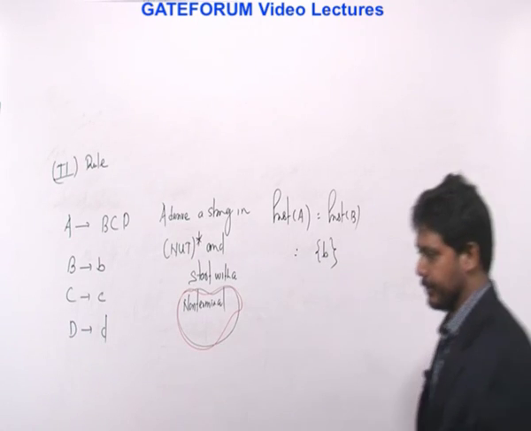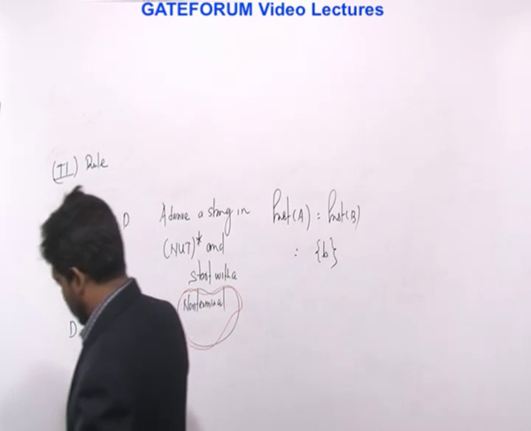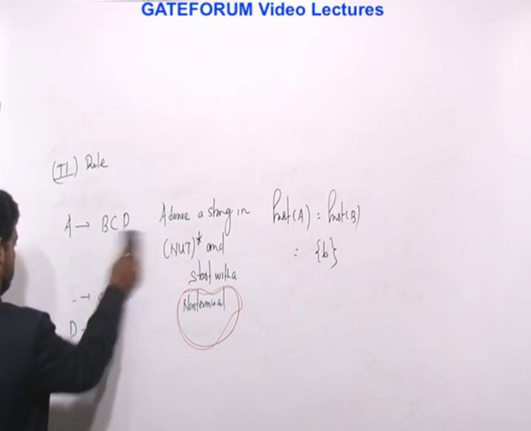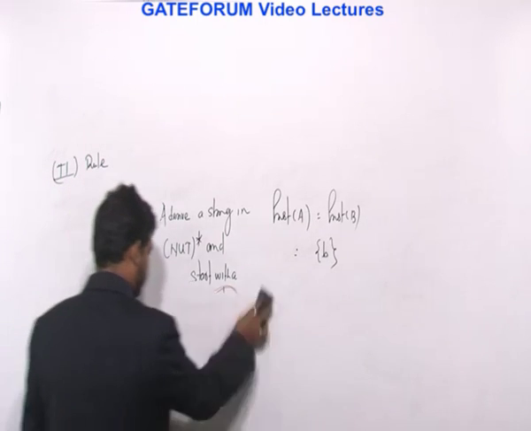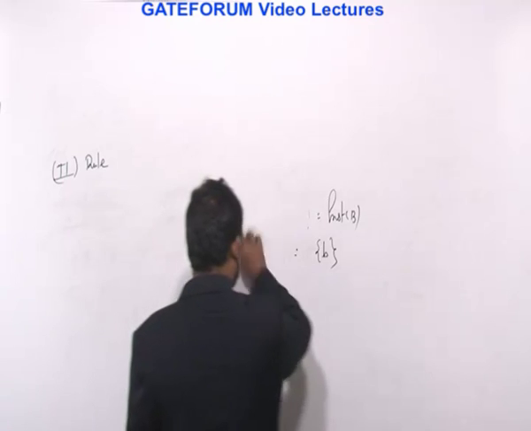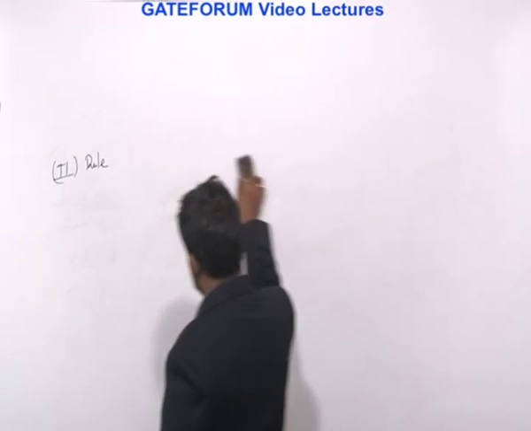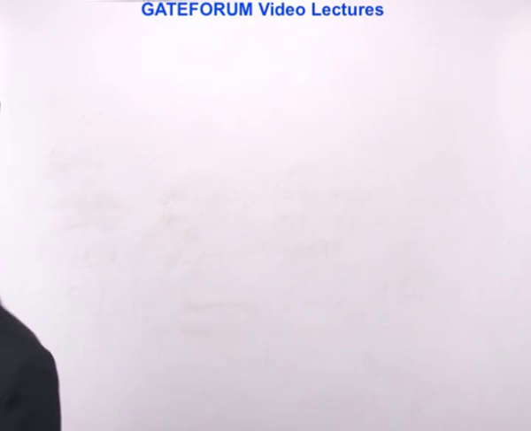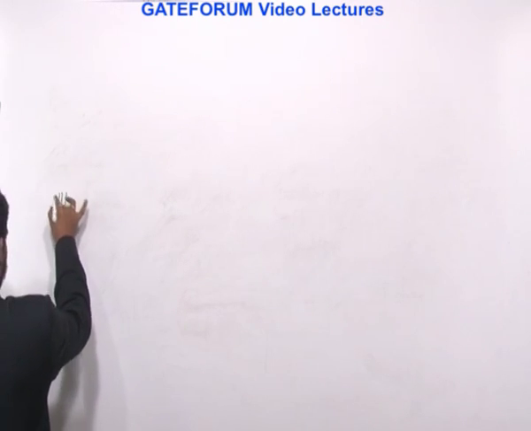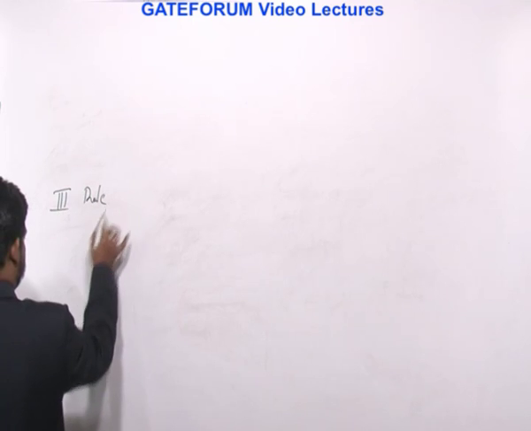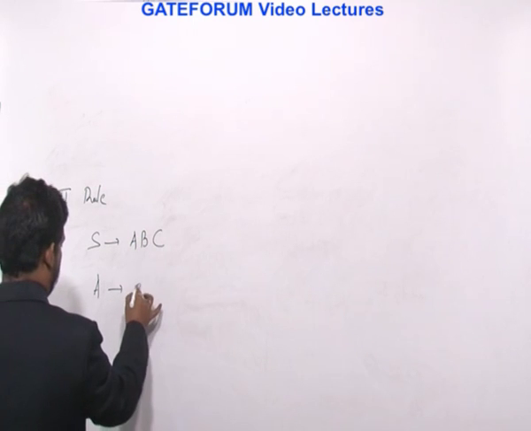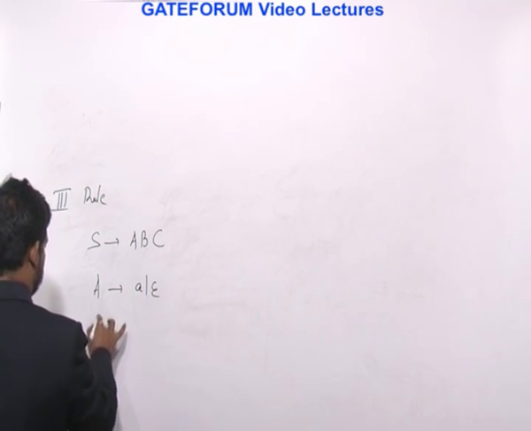The last rule is about indirection. Okay, so the third rule. S derives A B C. A derives a or epsilon. Two examples I am writing here.